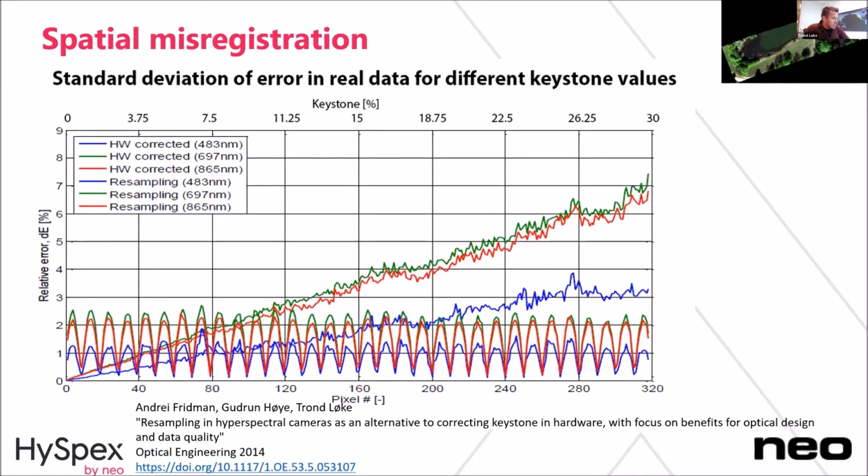Of course, that also adds another question. If you have keystone in the data and you characterize that during your lab calibration, is it stable when you fly? Because if it shifts, you will again add errors, right? So then you're correcting for a different keystone than is actually in the data when you're flying.